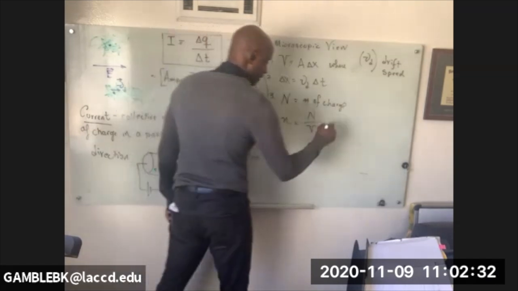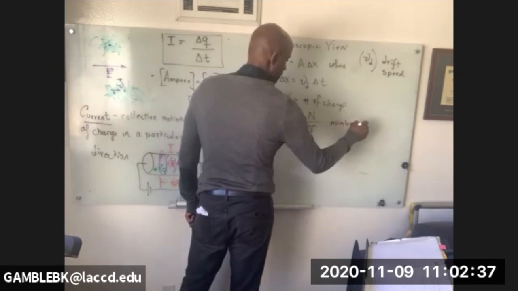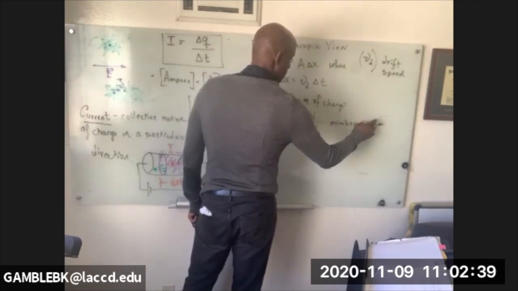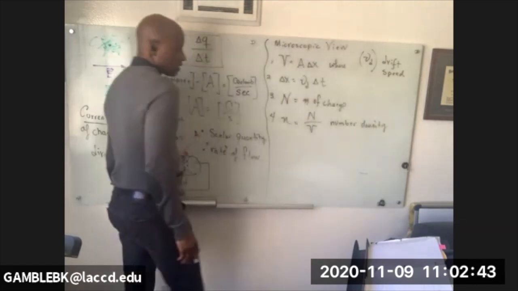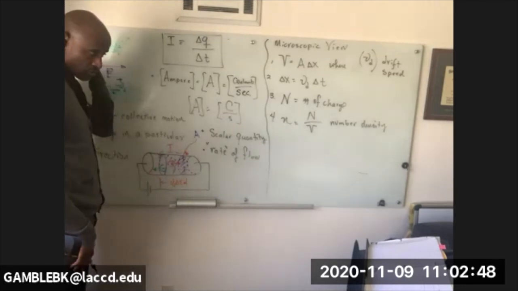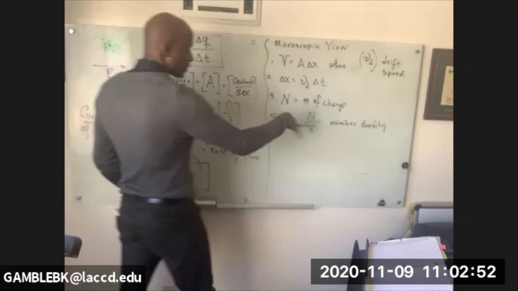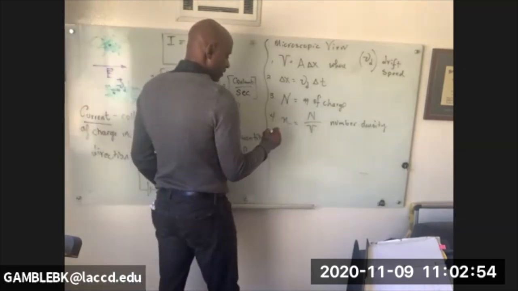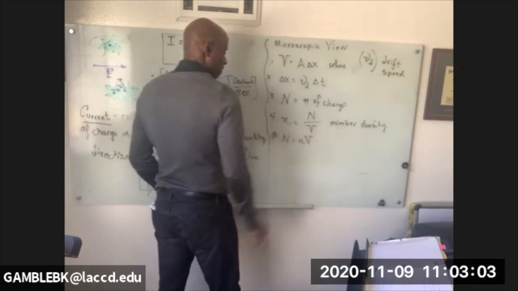Mass density is mass per unit volume, while number density is literally a number per unit volume, so it has units of 1/cubic meters. With this relationship, I can define N, the total number of charges within the volume, as the number density, small n, times the volume.